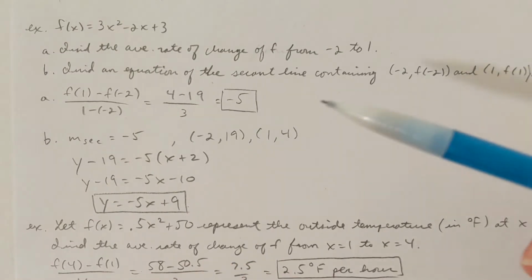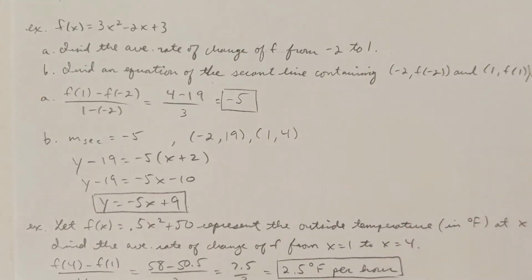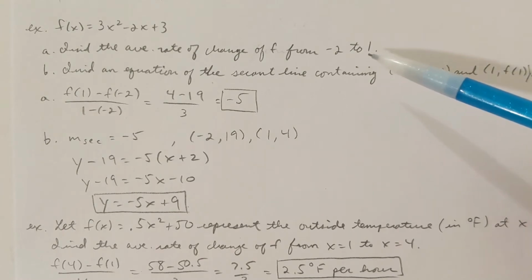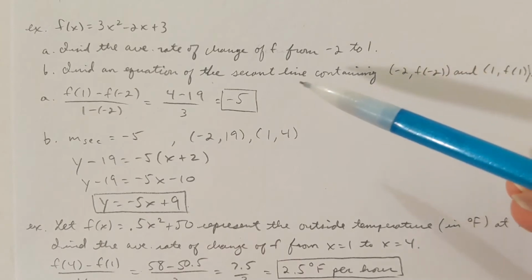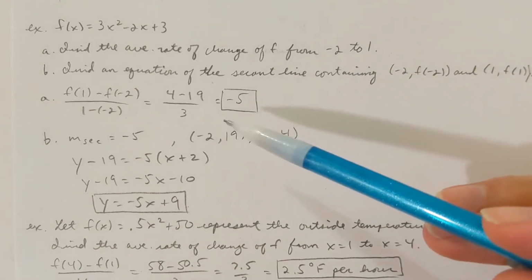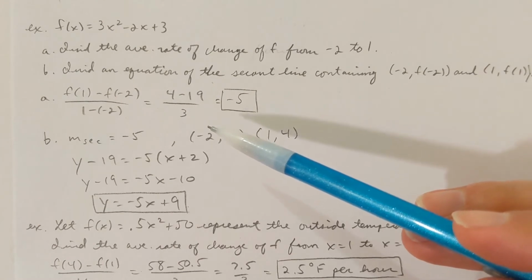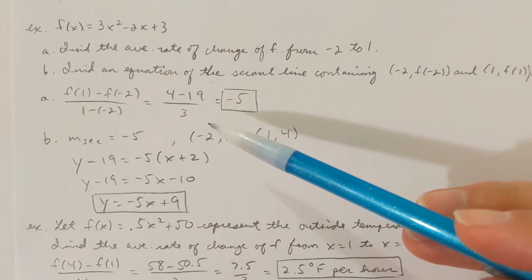f of b minus f of a over b minus a, and of course a is negative 2, b is 1. And you always go in order. So f of 1 minus f of negative 2 divided by 1 minus negative 2 is what?